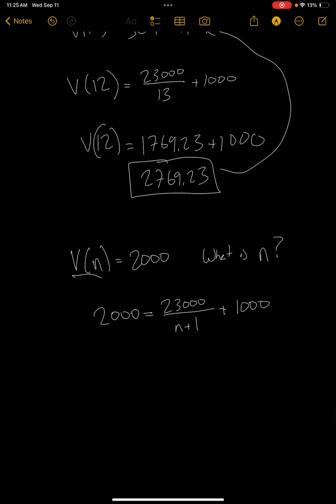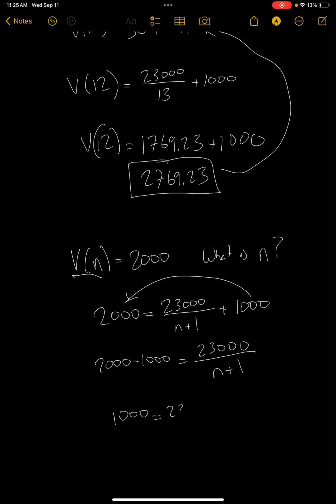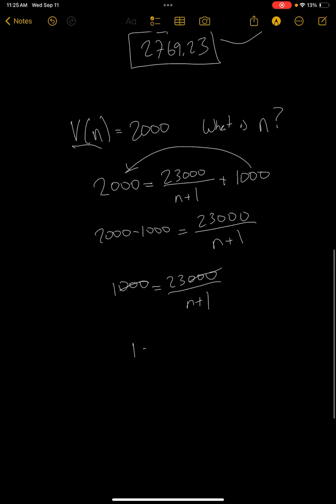So essentially, I move that over. That becomes 2,000 take away 1,000 equals 23,000 over n plus 1. So 1,000 equals 23,000 over n plus 1, and the math is pretty easy now. So 1 equals 23 over n plus 1.